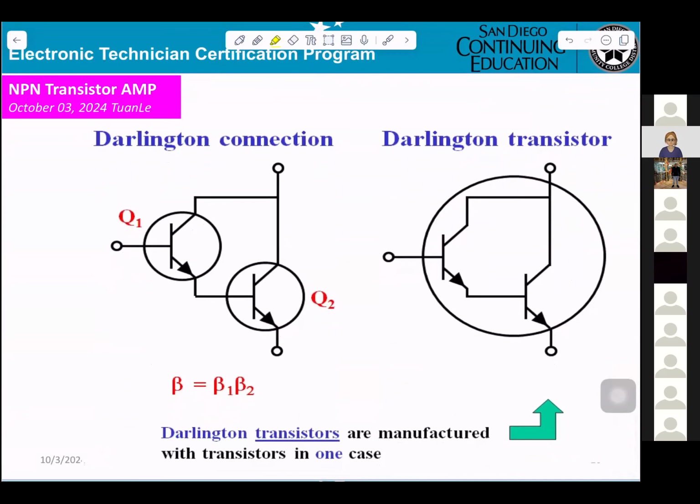And again, the Darlington connection. Darlington transistors are manufactured with two transistors in one. You understand it when you connect the first transistor to a second one. Basically, you want to increase the gain. Beta equals beta 1 times beta 2.